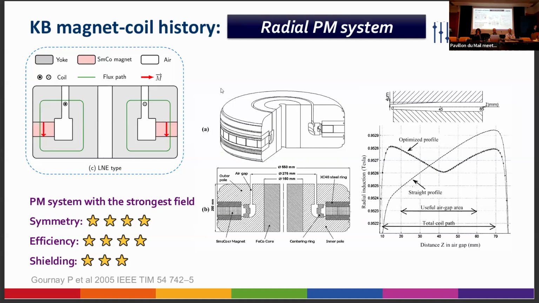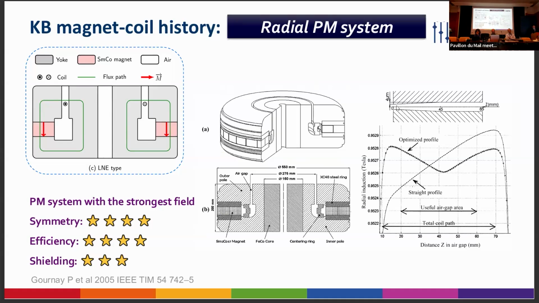And the LNE system, they just short one of the air gaps. So it's basically the same idea, but this system is not symmetric. That means it has a little bit weaker field on the top and a little bit stronger in the bottom, because the path in the yoke is longer in this case.